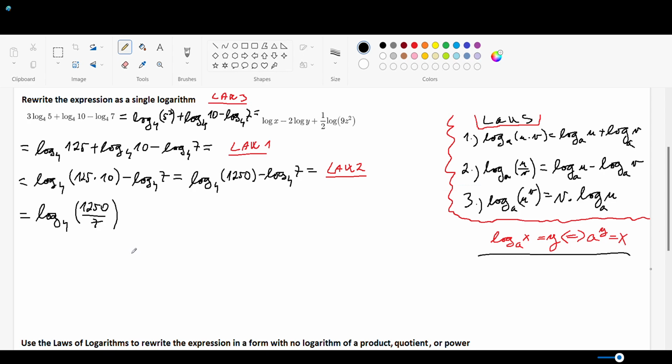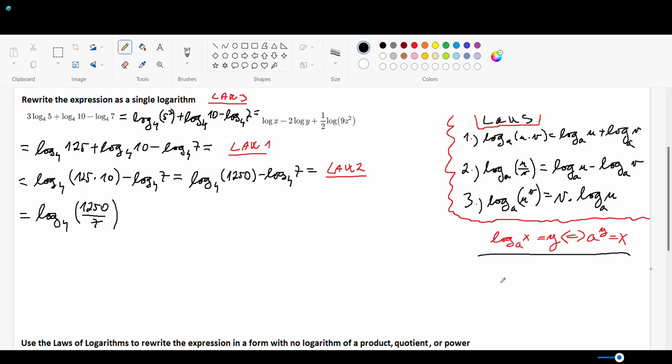If you want to evaluate this expression, like having the number, as I explained during our lesson, you can do it, but most calculators are not able to calculate logarithms with base 4 or any base other than base 10 or e, which is the natural logarithm. So let's find the final result, the number.